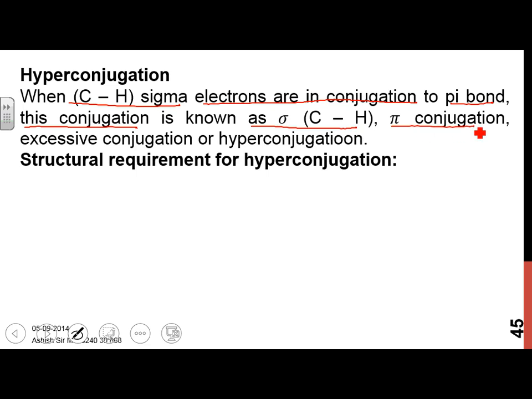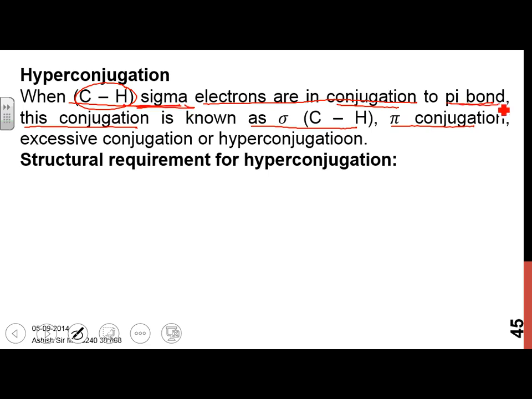What are the requirements? First thing, we require a carbon hydrogen sigma bond. Conjugation means they are neighbors to each other. So the carbon hydrogen bond is neighbor to what? It is neighbor to a pi bond.